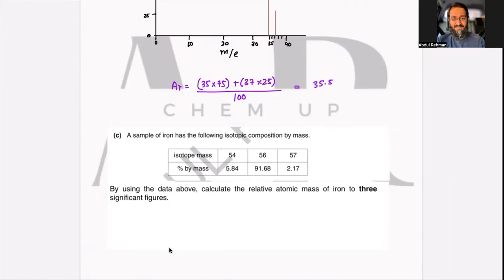We are taking the mass from the mass to charge ratio, but usually we assume that this is the mass to charge ratio, and over here it is +1. 55.7. Okay, Mariam, what is your answer? It's the same.